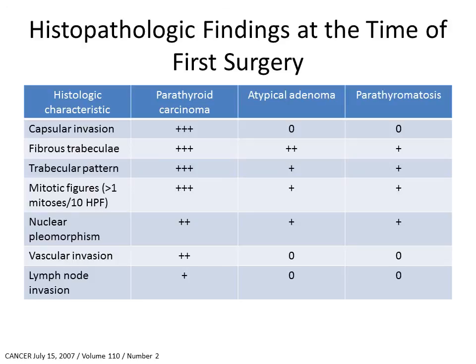Vascular invasion is sometimes present, and if it's present, it's very helpful, but you will not see it in all parathyroid carcinomas, and you will never see it in atypical adenomas or parathyromatosis. Finally, lymph node invasion is a feature of carcinomas and not adenomas or parathyromatosis.